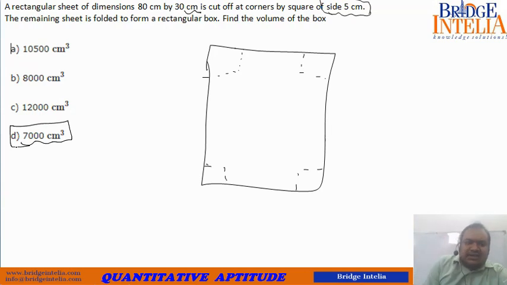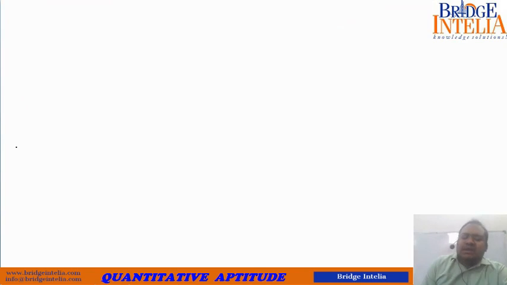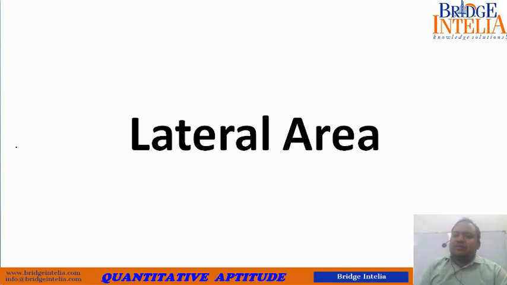So now let's understand one last remaining concept that you must be aware of from the domain of cube and cuboid. So that concept is the concept of lateral area. So now what is lateral area? You must have come across two terms from solid geometry: surface area and lateral area. So what is the difference between these two terms?